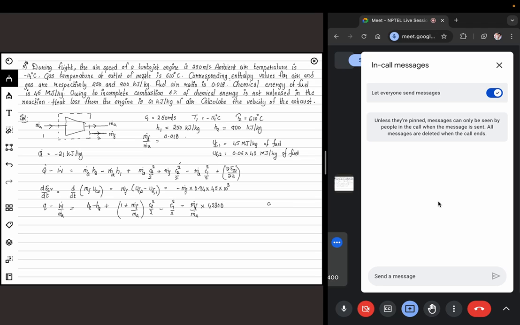You are required to find C2. So I substitute those values. So we have minus 21. This is just for the unit conversion. Minus C1 square by 2.